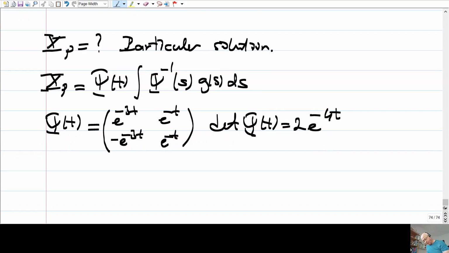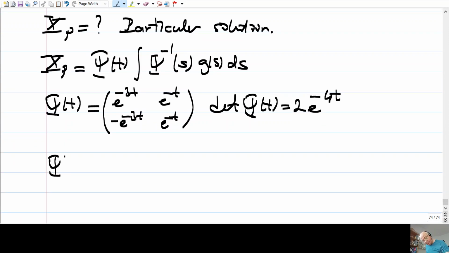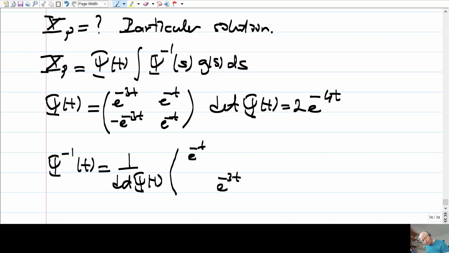All right, so what is the inverse then? It is 1 over the determinant times, you interchange the diagonal entries and multiply the off-diagonals by minus 1.